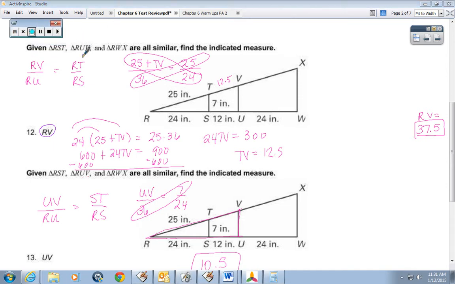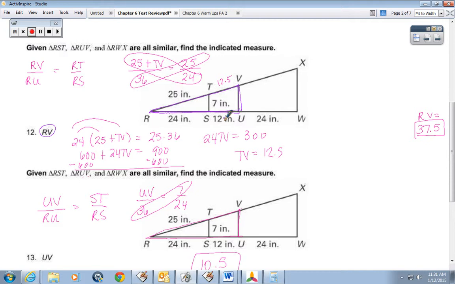So here's the triangle R, U, V. I need to find this. I don't know the side VU, but I do know RU, because if I take 24 plus 12, I know that side equals 36. So I'm going to put what I don't know over what I do know.